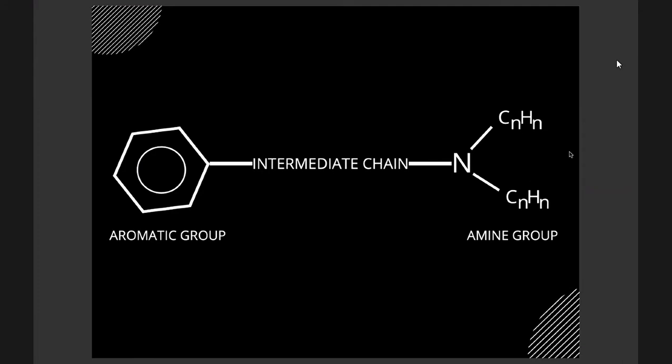So the intermediate chain determines the classification of your local anesthetic. A local anesthetic is classified as either an ester or an amide, depending on the intermediate chain.